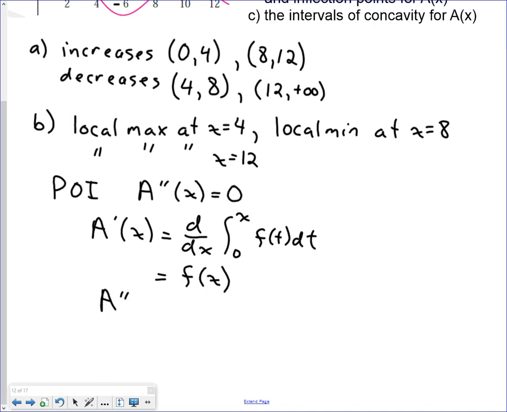That means our second derivative, A double primed at x, is going to be the derivative of f at x, or f primed at x. So if we're looking for points of inflection, we're looking for points where the second derivative of A is equal to 0, or, in other words, where f primed at x is equal to 0.